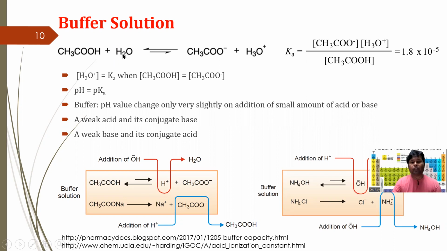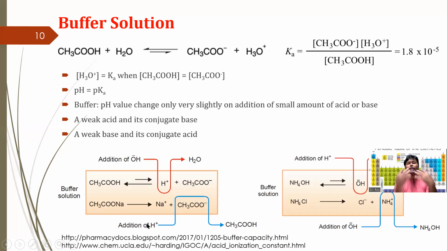So when we add a small amount of H plus, here you can see the addition of H plus. If we add a small amount of H plus to these types of buffer solution, what happens? Upon addition of H plus, we have some number of acetate ions. These acetate ions will combine with the additional H plus.